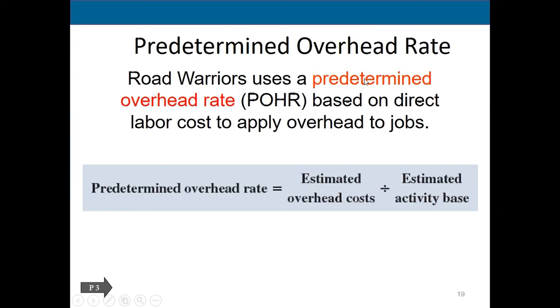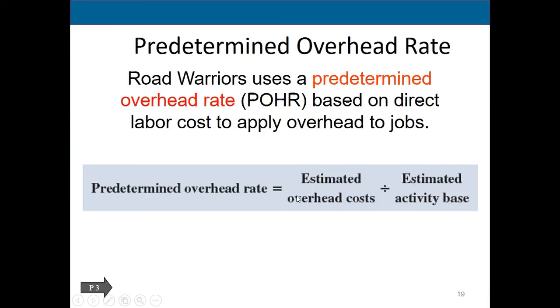So let's figure out how we set the predetermined overhead rate. Road Warriors bases this predetermined overhead rate and applies it based on direct labor cost. So how do they figure out the rate? Well, they sat down at the beginning of the accounting cycle and estimated what they thought their total overhead costs were going to be. All the rent, the supervisor salary, how much we pay the janitor, how much is depreciation, all that kind of stuff.